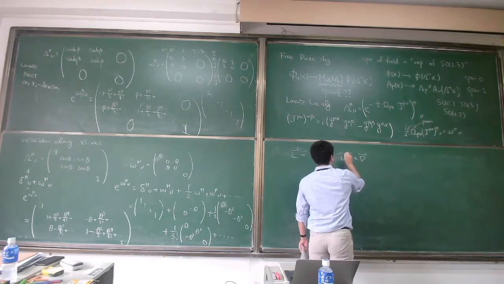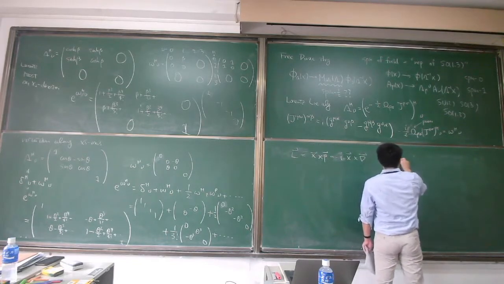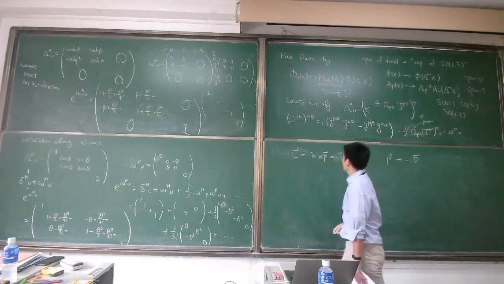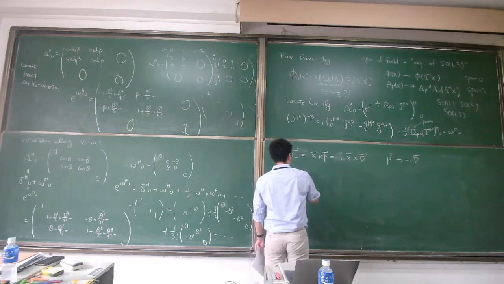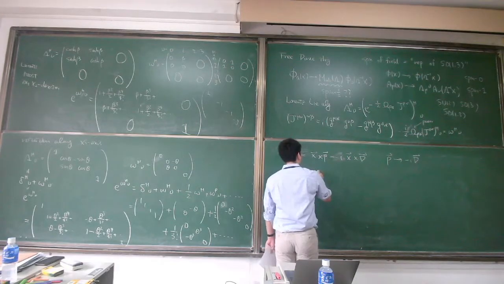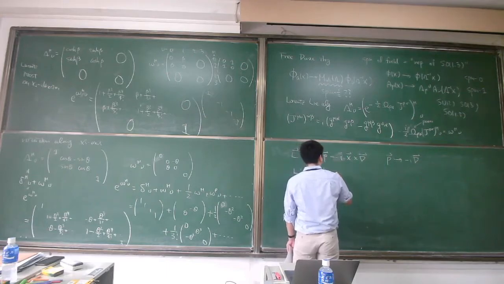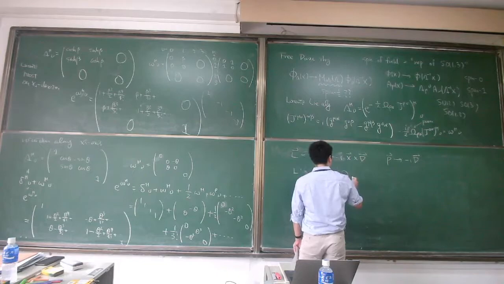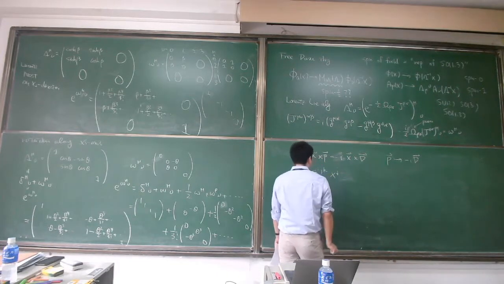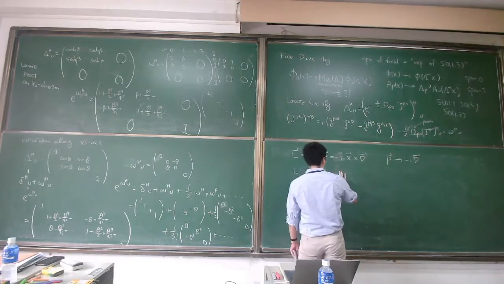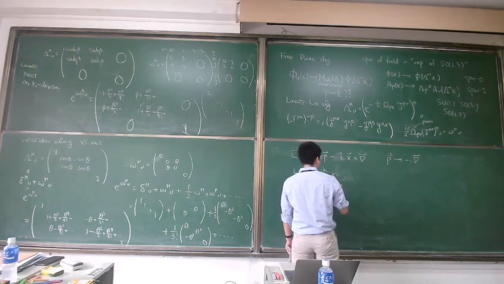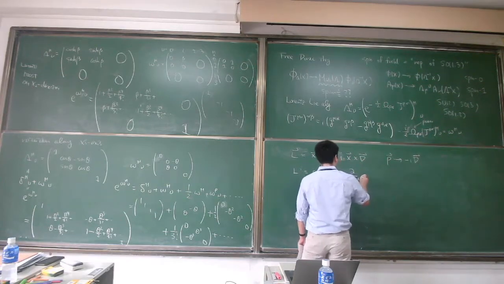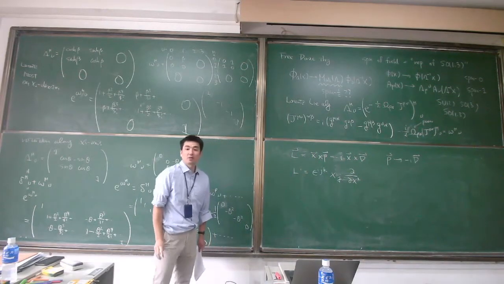So Li can be understood as epsilon ijk xj pk.